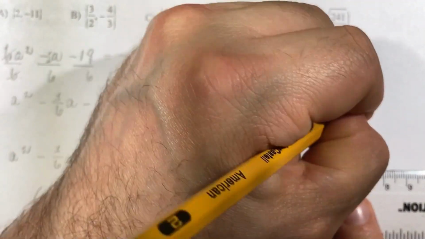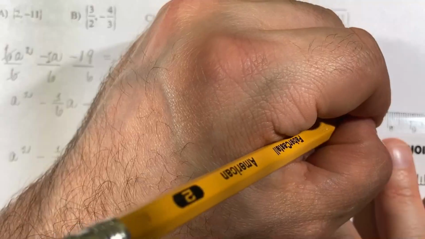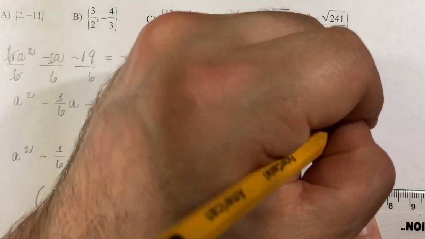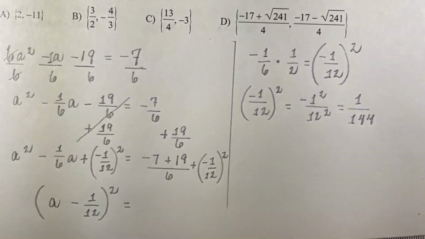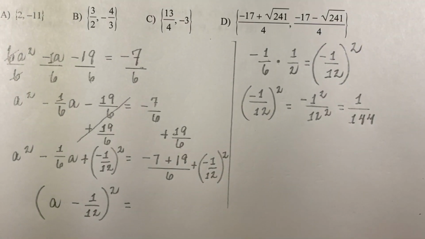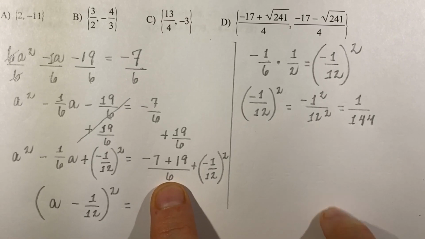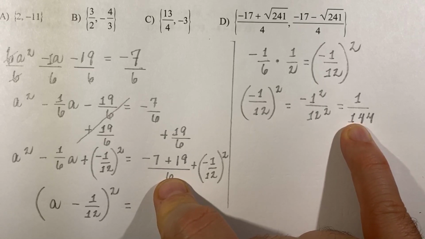So negative 1 squared is 1, or negative 1 times negative 1 is 1, over 12 squared. 12 squared is 144. Which brings this into focus. Now we know we're going to end up needing to make that 6 turn into 144.